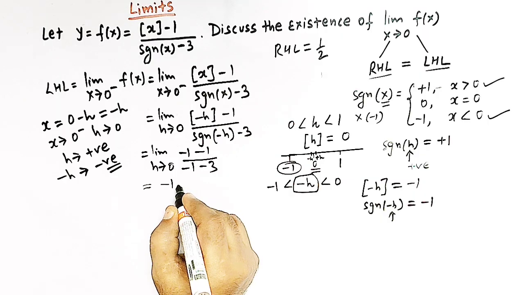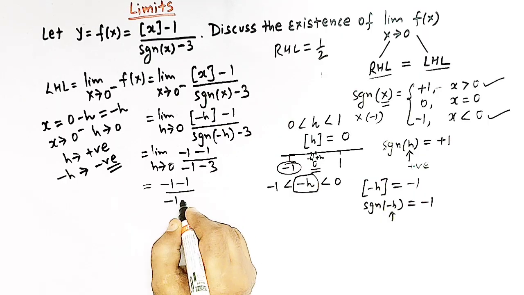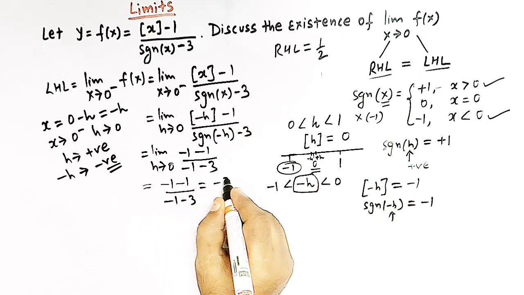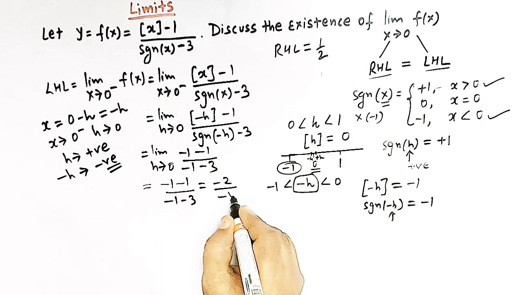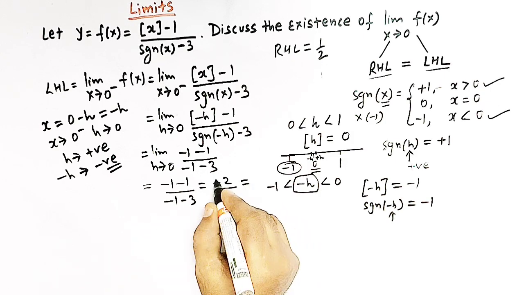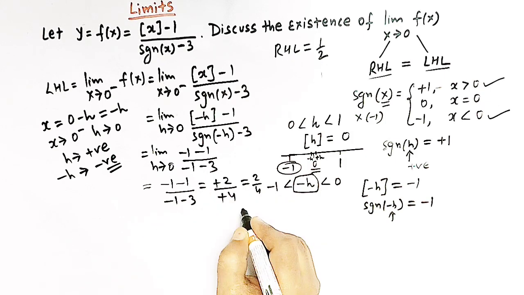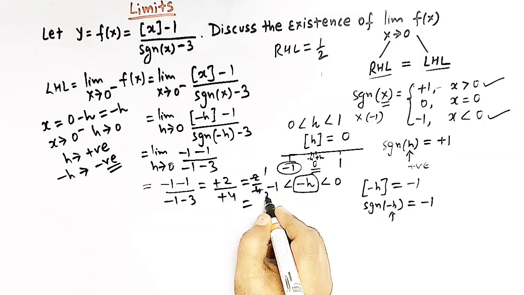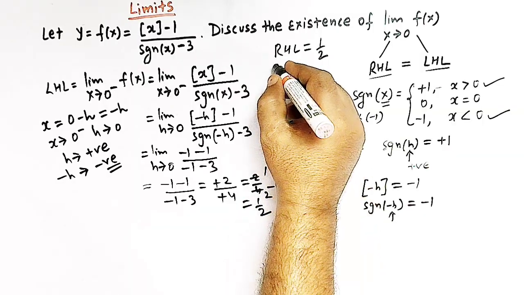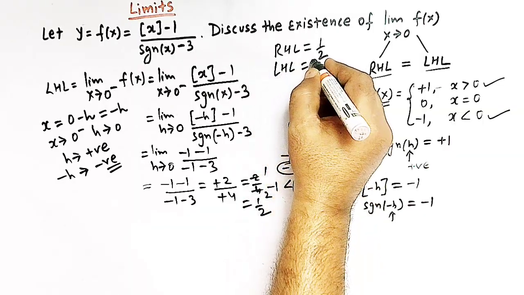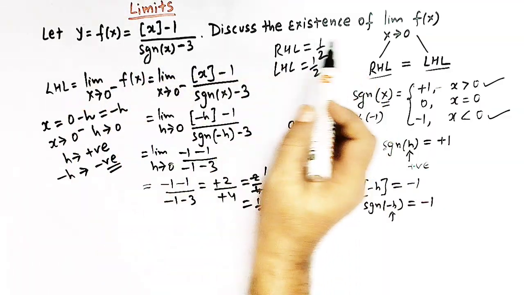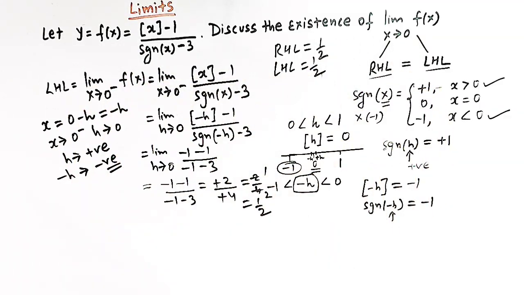So we have simply -1, -1, -1, -3, and here we have -2, and here we have -4. So we have now 2 over 4, and that is equal to half. So the left hand limit of this function when x approaches to 0 is also equal to half.